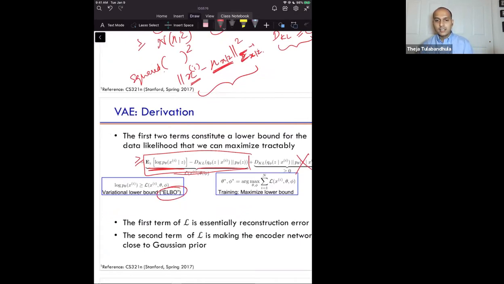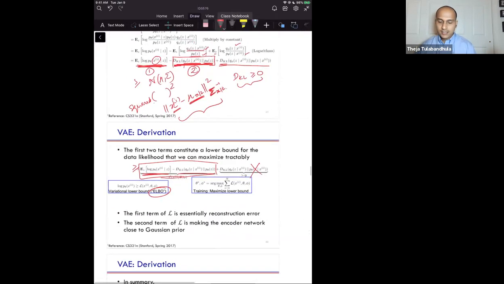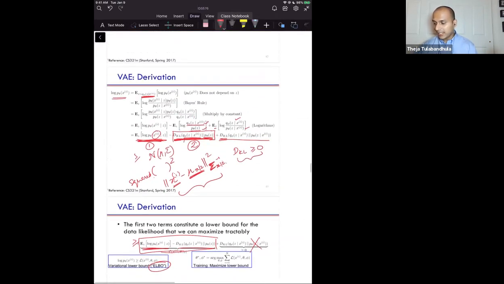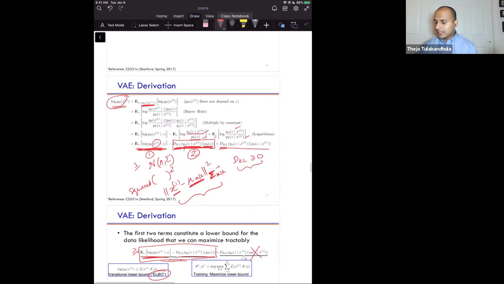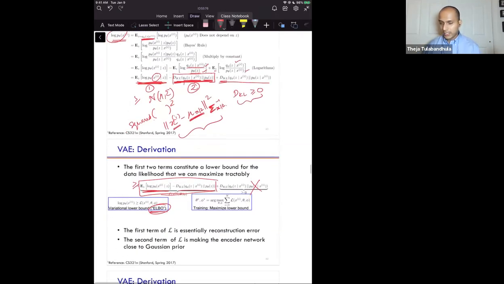And so the word variational comes into this whole modeling. Variational autoencoder comes in because we want to learn the parameters to maximize the marginal likelihood of the data, and for that we are going to maximize a lower bound. So we are actually doing an optimization step, and because of that we use the word variational.